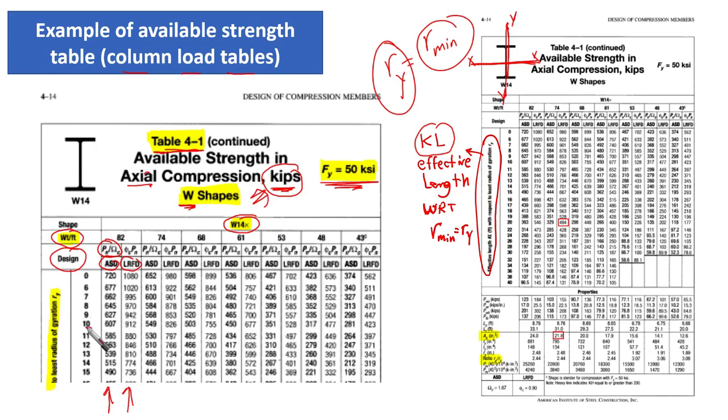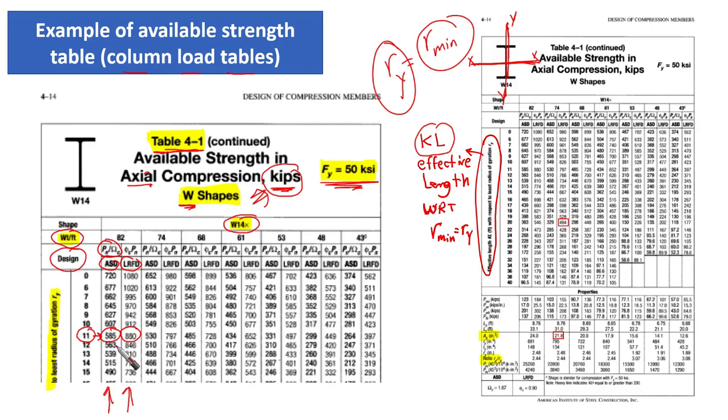So if we go to a specific value here, it is going to give us the required values, the available strengths in axial compression, whether for ASD or for LRFD.